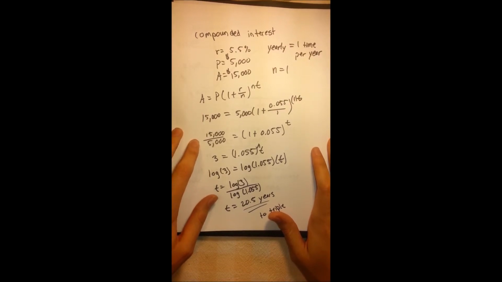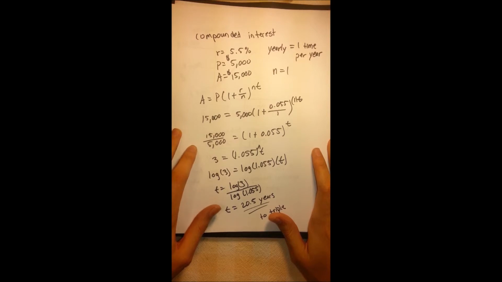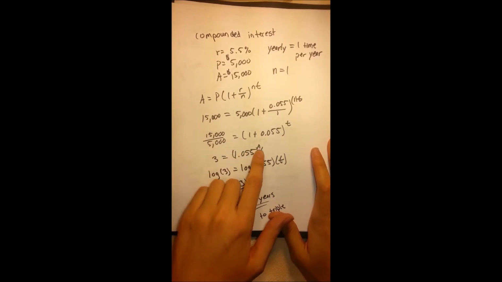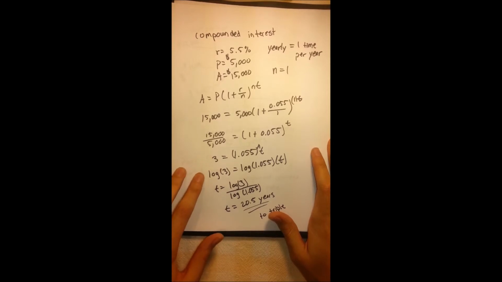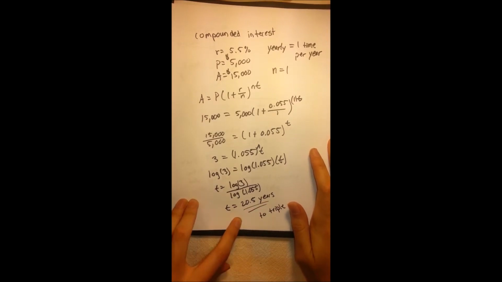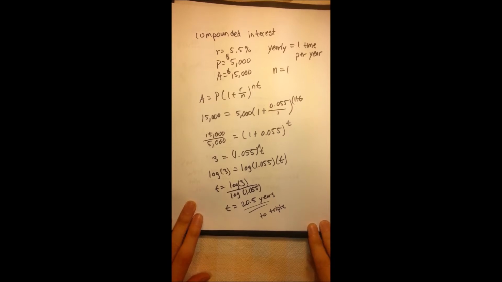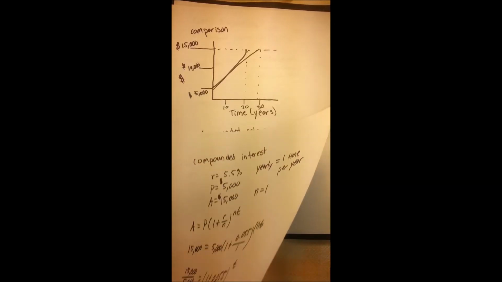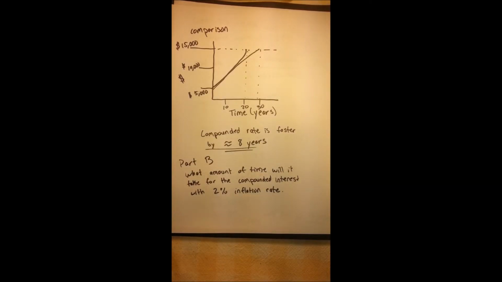You can just plug in the numbers again, but it's important to note that the A value is 15,000, not 10,000, because A is the total final value. So when you plug in the numbers and do the math, 3 equals 1.055 raised to the T. And then with a simple calculation, you get T equals 20.5 years. So that's how long it takes to triple from 5,000 to 15,000.